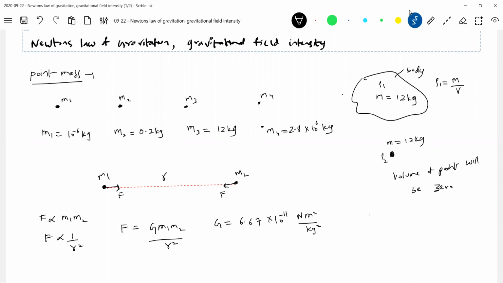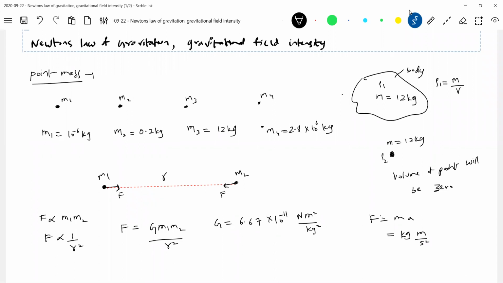Or you can further write, force equal to mass into acceleration, so this will be kg dimensions, meter per second square.